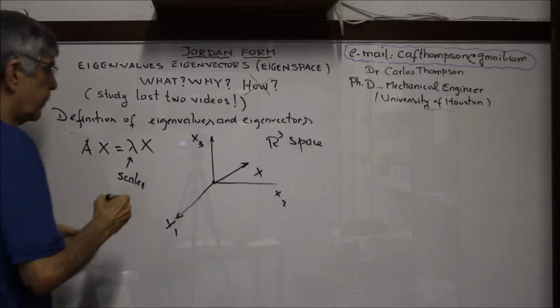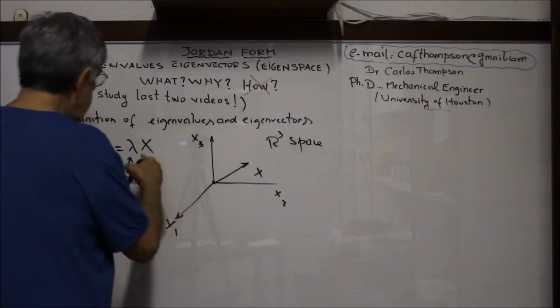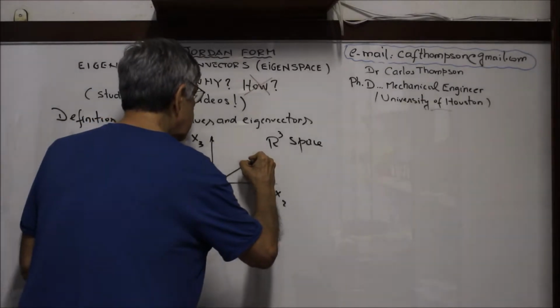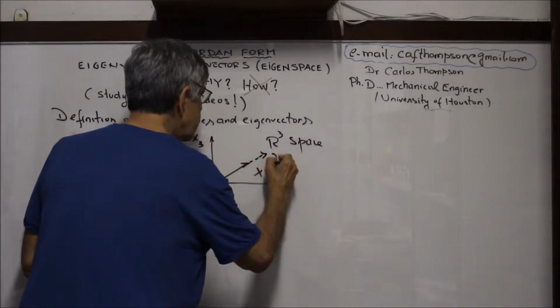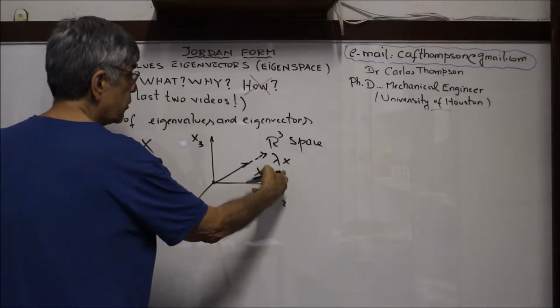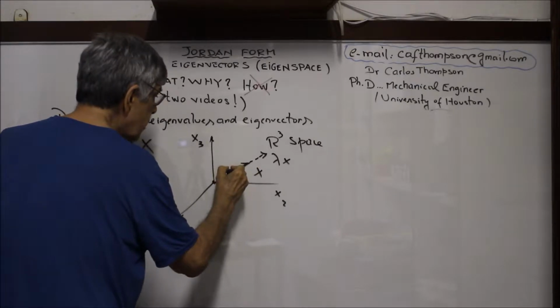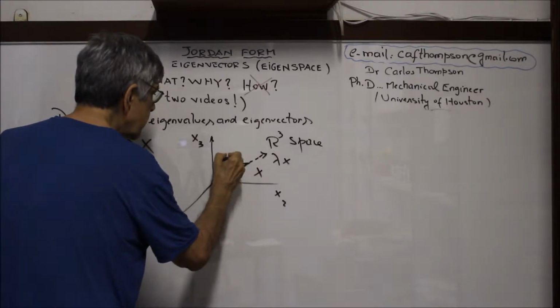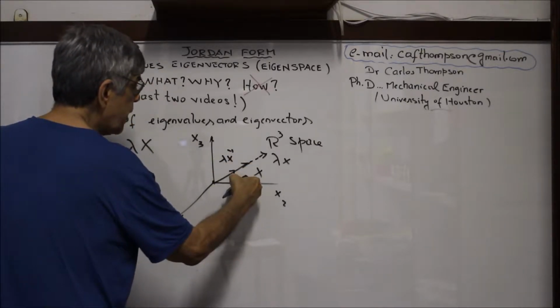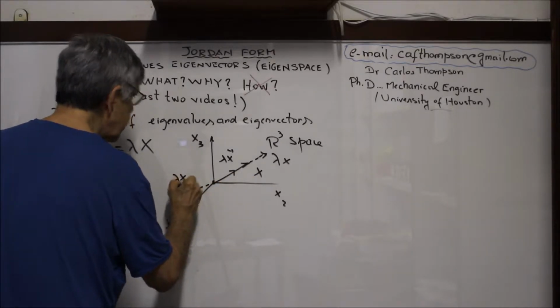order tensor. Now, what this shows us is that we can get lambda x here if lambda is positive, greater than 1. But if lambda is less than 1, I could have lambda x here. And if lambda is negative, I have lambda x over here.